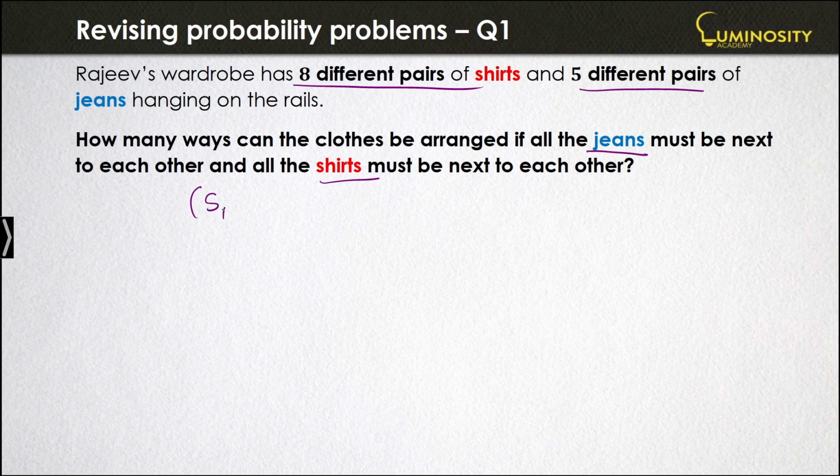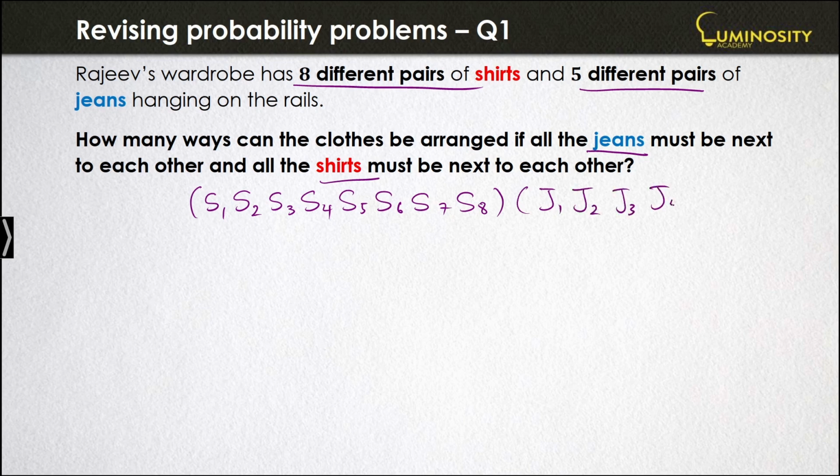So I'm going to label the 8 shirts as follows, S1 up to S8. And then all the 5 jeans together we'll label as J1 up to J5. These are considered different objects, so that's why I've labeled them as such.